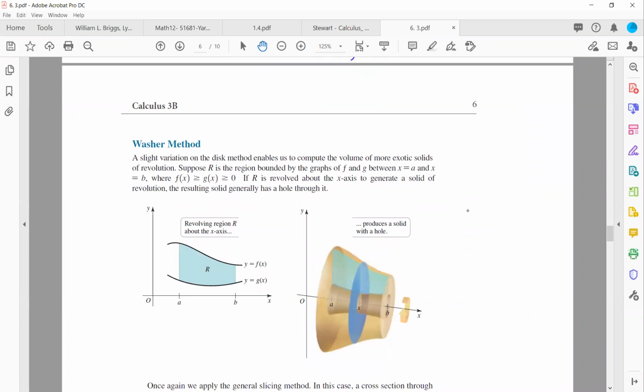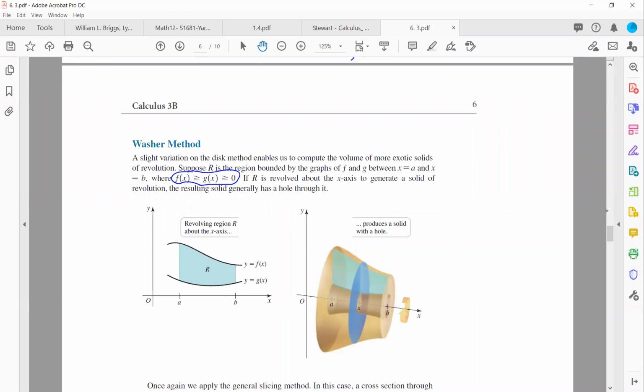Suppose you have two positive functions, f of x and g of x, above the x-axis, y is positive, so these two functions are here. Then you look at a region bounded between these two functions, and x equals a, x equals b.